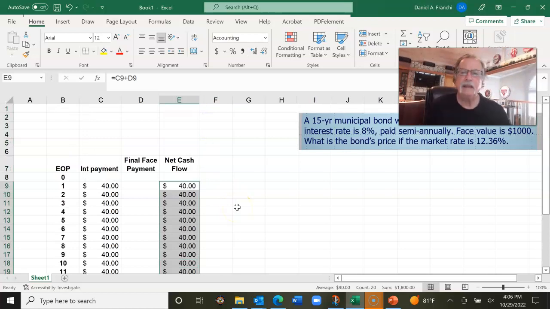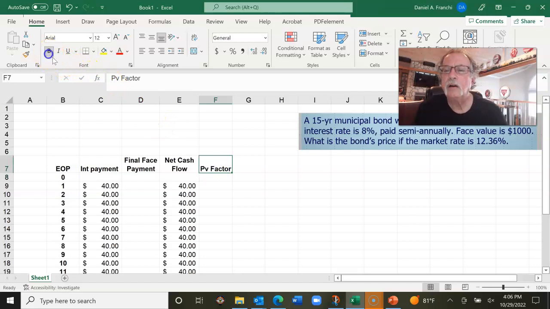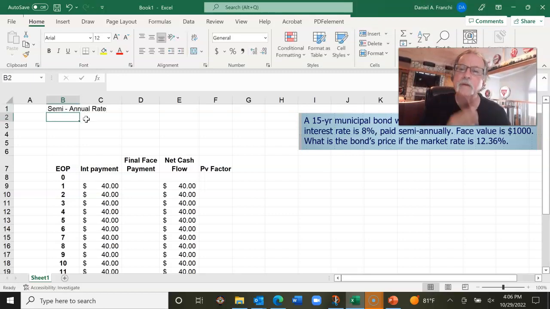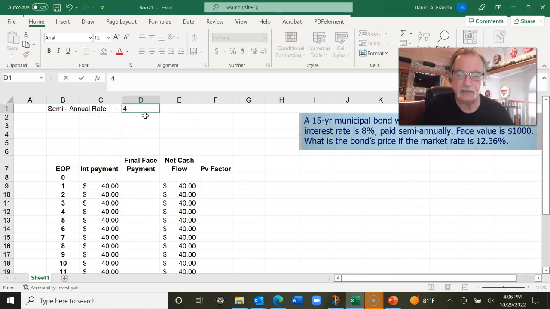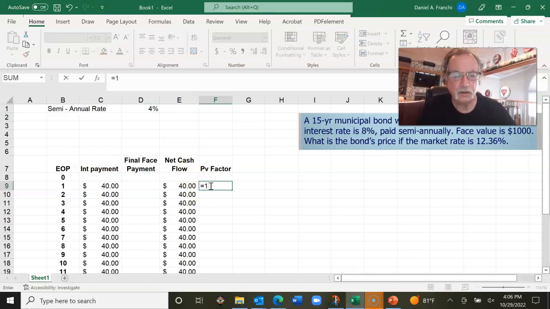Now we'll do a PV factor. We're going to say the semi-annual rate, and let's just say the semi-annual rate is 4%. Then our PV factor is going to be 1 over 1 plus the 4% raised to this power.